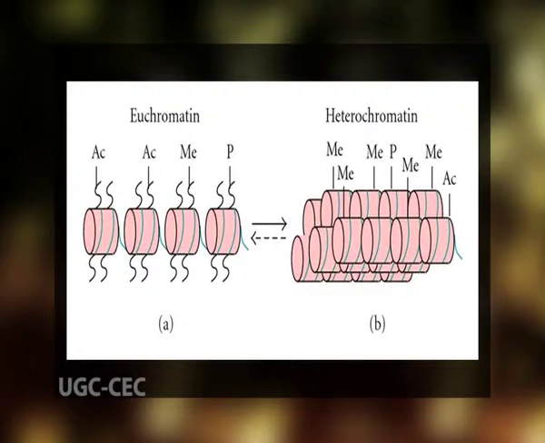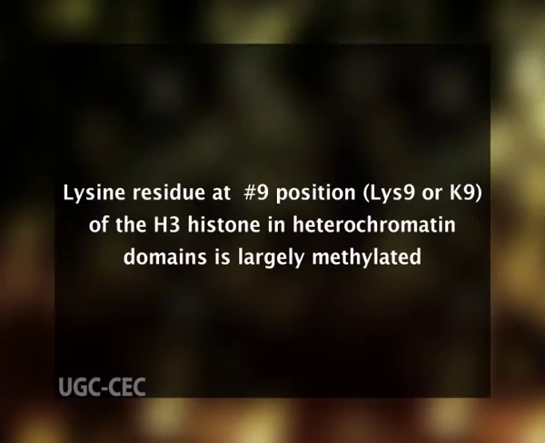Comparison of the nucleosomes present within heterochromatin versus euchromatin domains revealed a striking difference. The lysine residue at position 9 of the H3 histone in heterochromatin domains is largely methylated, whereas this same residue in euchromatin domains tends to be unmethylated, although it is often acetylated.